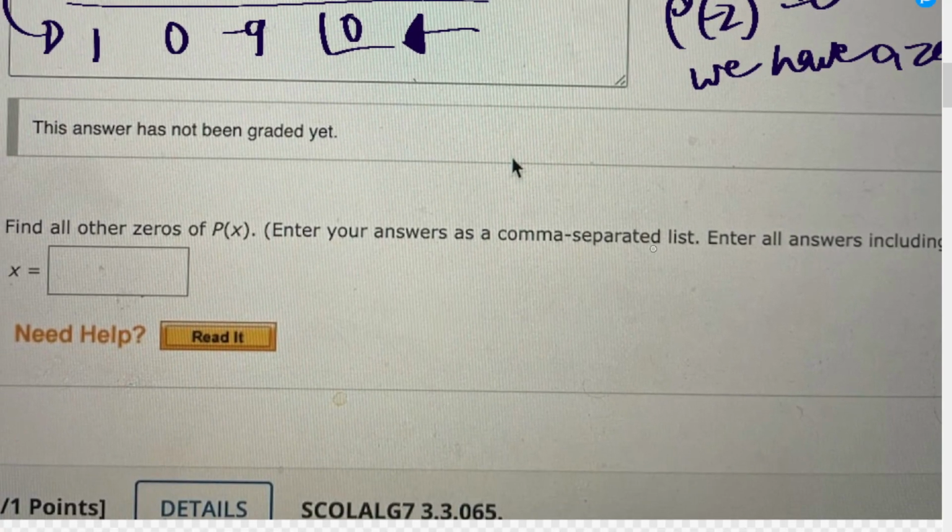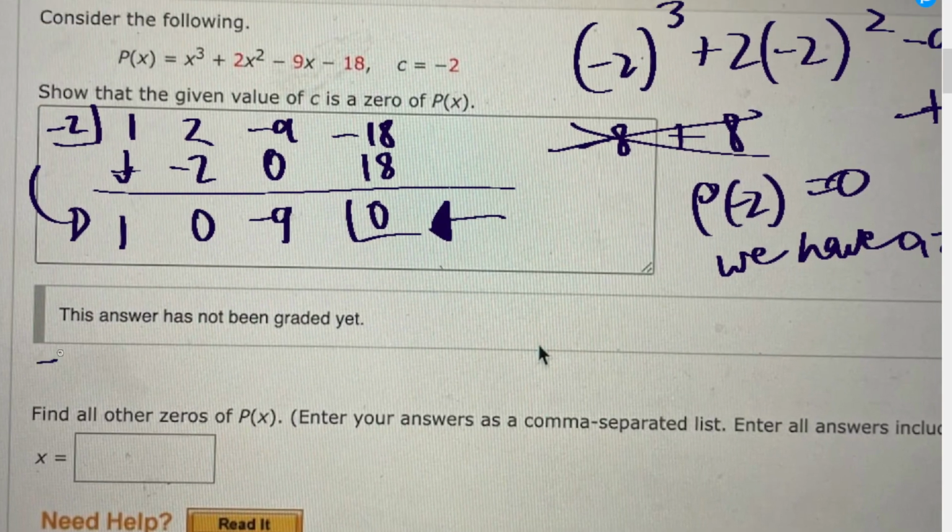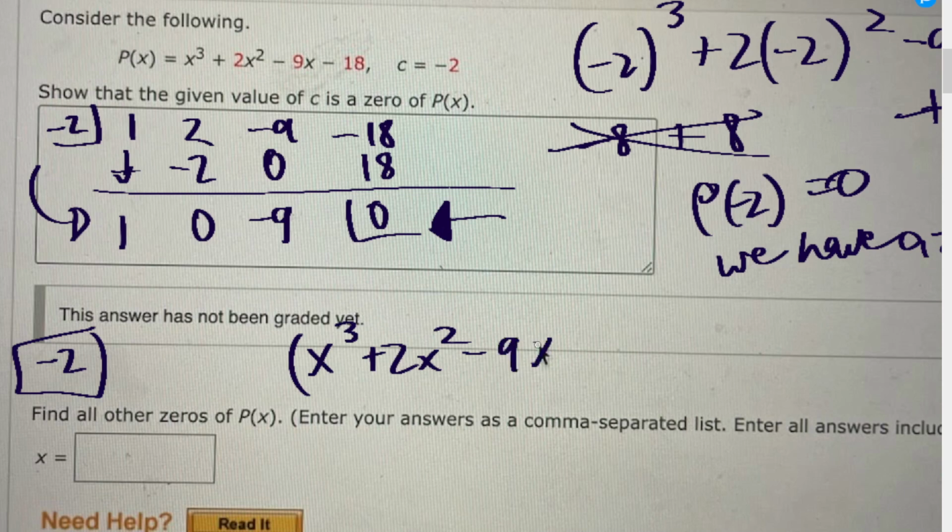For this next part of the question, we already confirmed that -2 is a zero. We were synthetically dividing, which means we could take x cubed plus 2x squared minus 9x minus 18 and divide it by x plus 2.